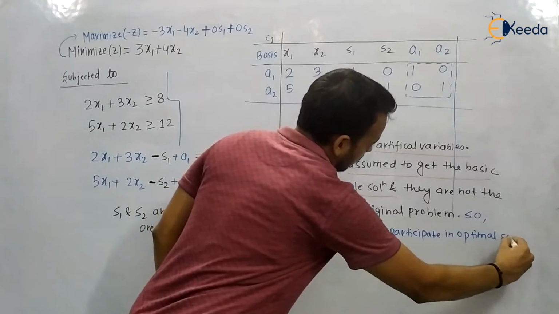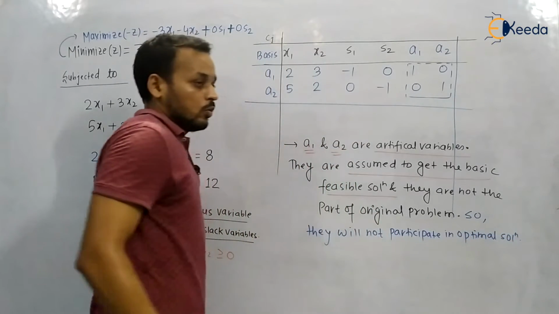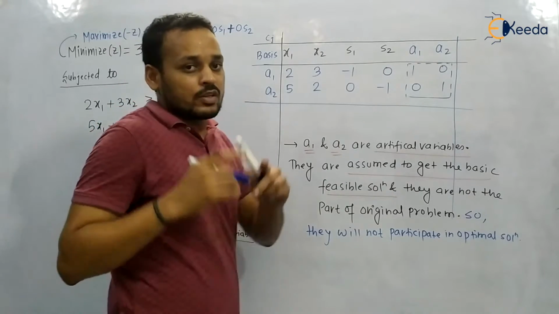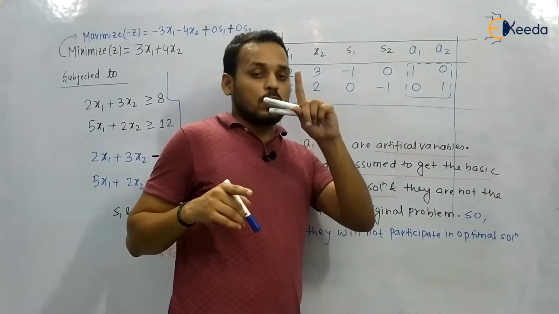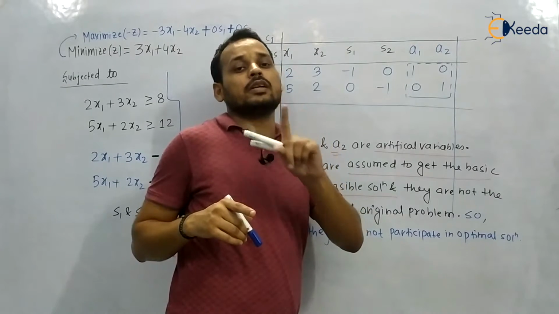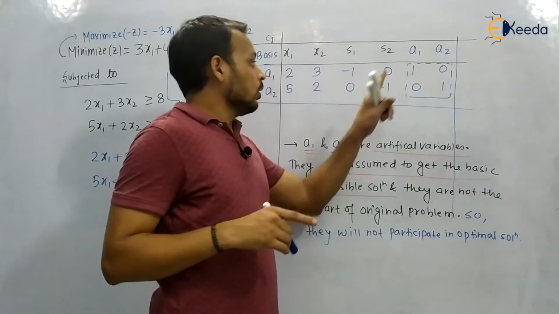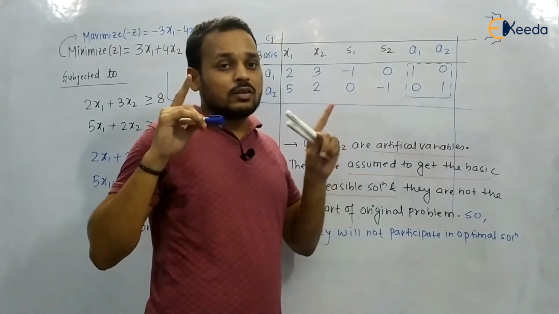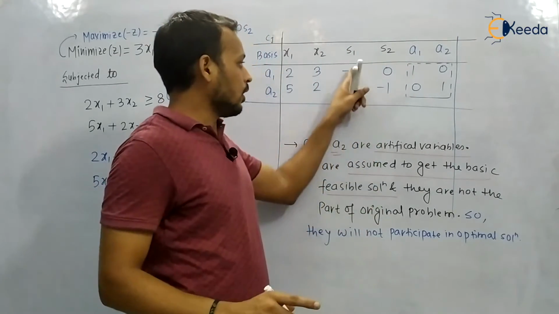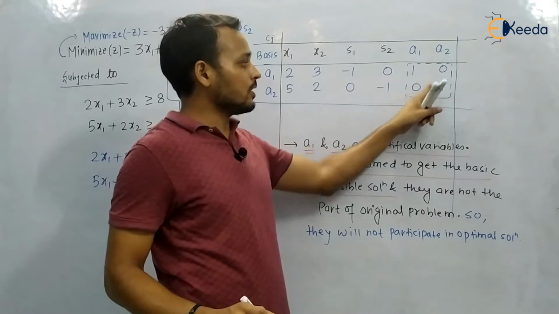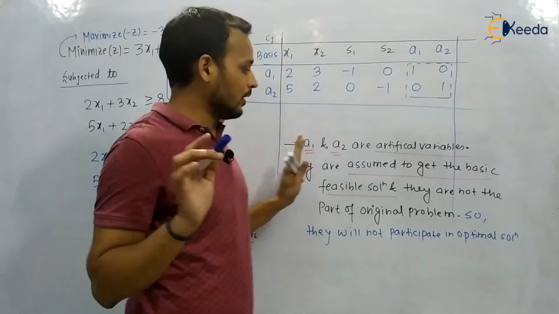Just write this statement in your notebook. The artificial variable is not part of the original problem, hence it will not participate in providing the optimal solution. They have been just assumed to provide the basic feasible solution, because it is not the identity matrix.